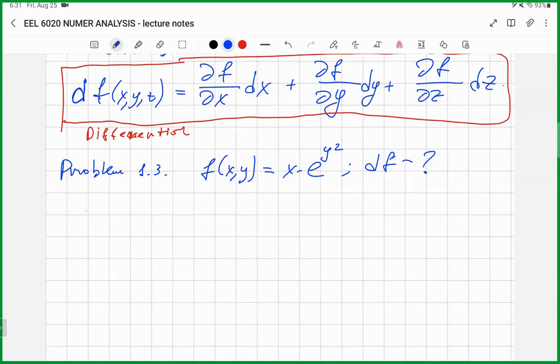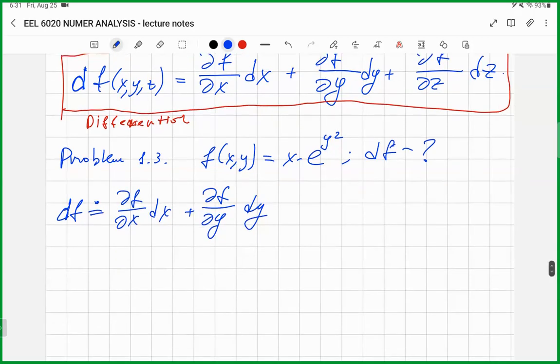The total differential of this function, by definition, is equal to ∂f/∂x dx plus ∂f/∂y dy, because there is no z here. So what is the partial derivative ∂f/∂x?